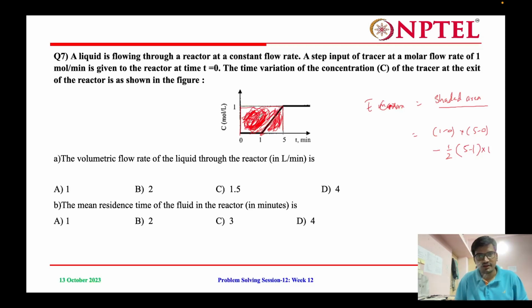So this shaded area is 5 minus 2, which is 3, right? So t into the shaded area divided by C max gives 3 by 1, so 3. Option C.